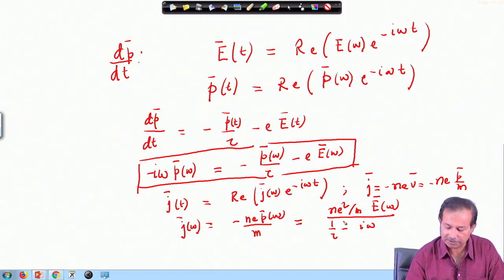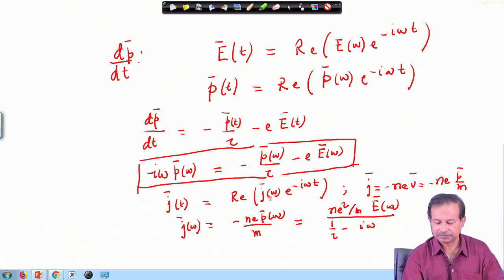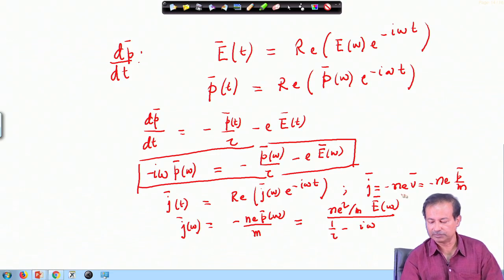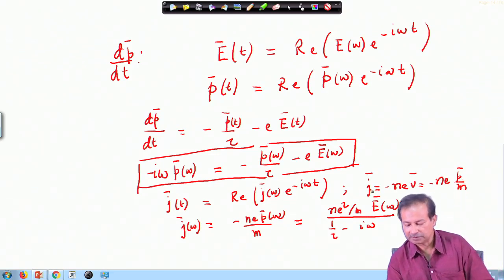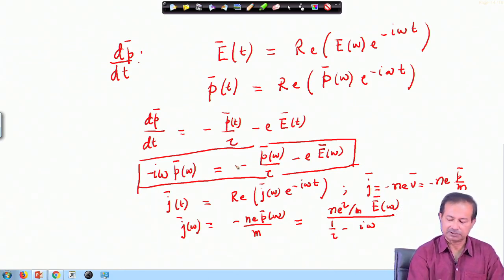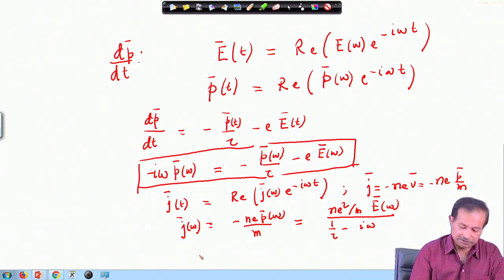Now, this is a very important relation. This just comes by replacing this p of omega. From here you can replace p by j times m by n e, with the minus sign, and that will give you this relation. So, that is from the relation j of omega equal to sigma of omega times E of omega.